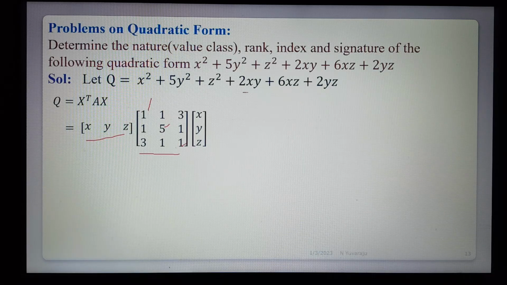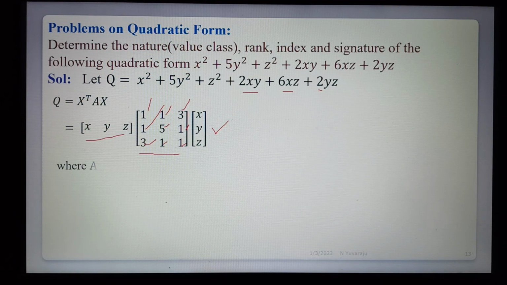Next the xy coefficient is 2, half is 1, 1. Next the xz coefficient 6, half is 3, 3. Next 2yz, coefficient 2, half is 1, 1. This is the matrix form, where A is the coefficient matrix.